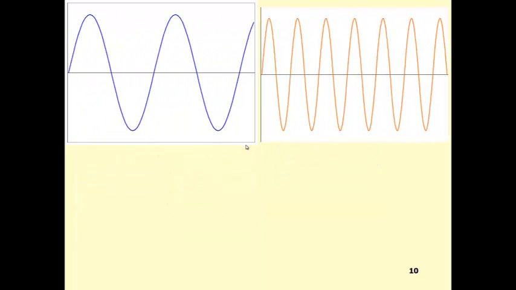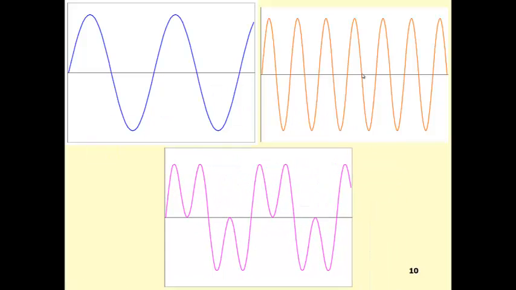So take any two waves with the same amplitude, but one has a lower frequency than the other one. So this one's got a much higher frequency. What happens? Add them up and you get something that looks a little bit different. So at some points you've got constructive interference, and at some points you've got destructive interference, and your new wave shape is completely different.